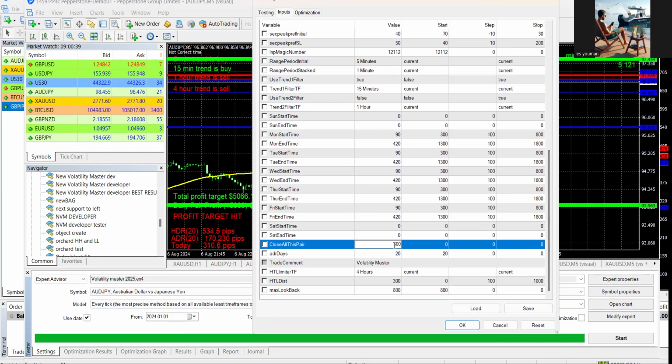But then if it gets to 500 minutes and the trade hasn't been closed by the software, it is going to close that trade anyway. I don't use this feature a lot, but there may be, for example, a red folder news event at 5 hours and 30 minutes after the market, at 530 minutes after the market opens.